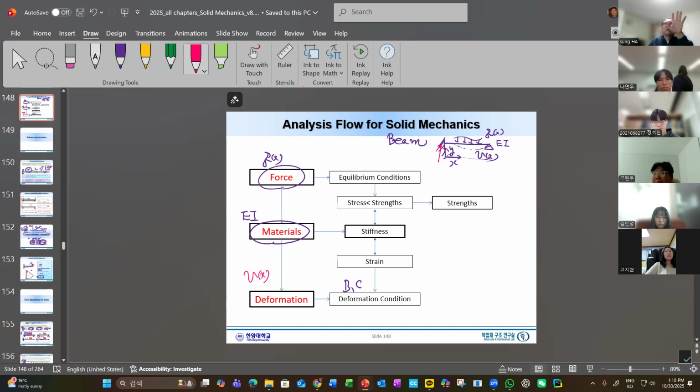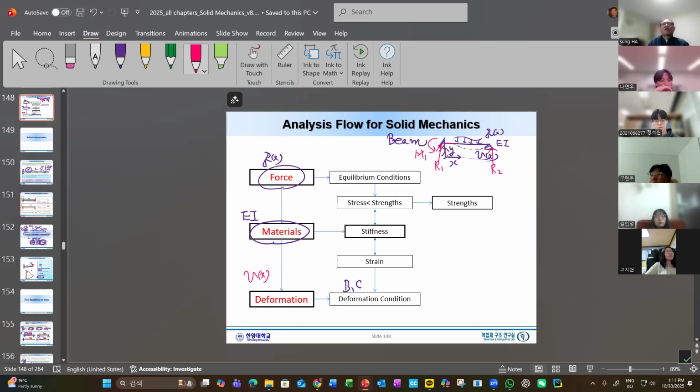We don't know yet, but we can call them R1 and R2. Now, another one: this clamped end especially should not rotate, so there will be additionally a reaction moment, I will say moment 1.